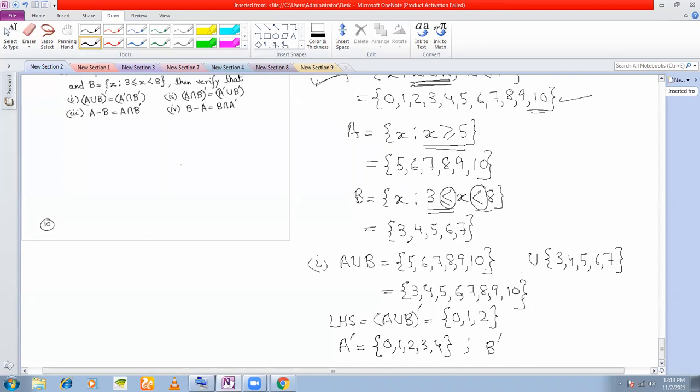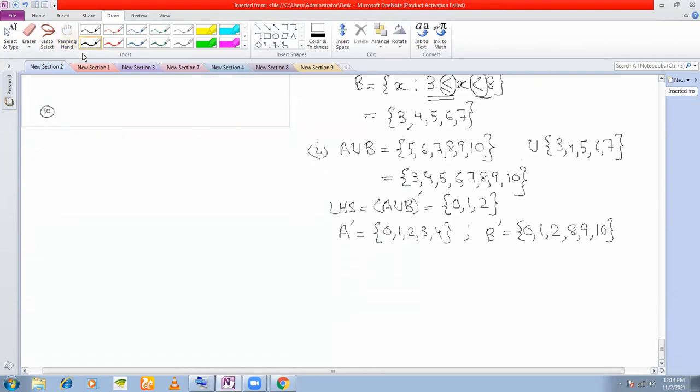B complement. You want to find out B complement. How will you find out B complement? All the elements that are not there in B. So 0, 1, 2, 8, 9, and 10. Now the right hand side is A complement intersection B complement.